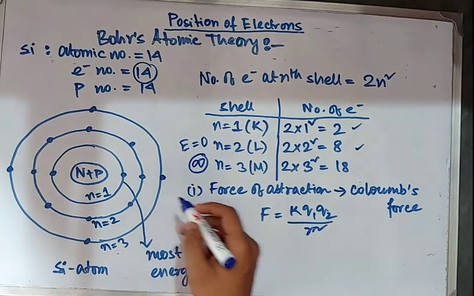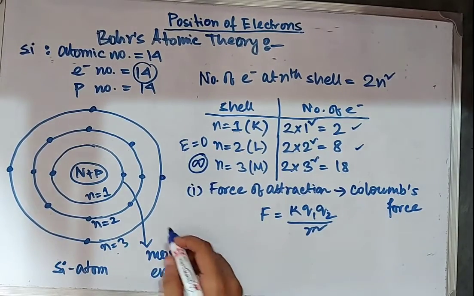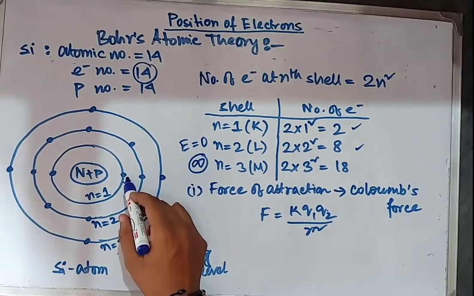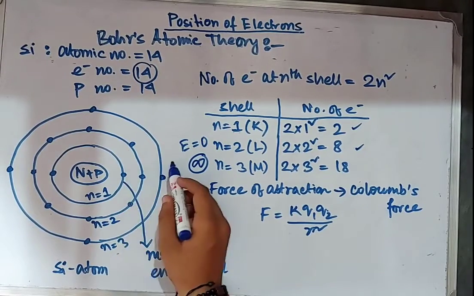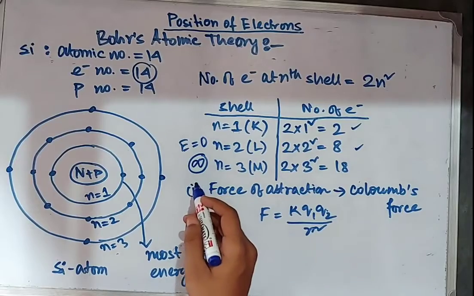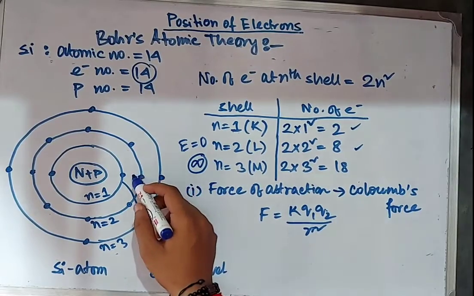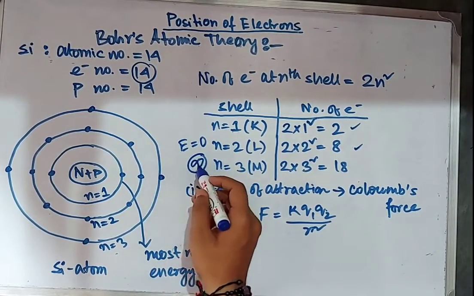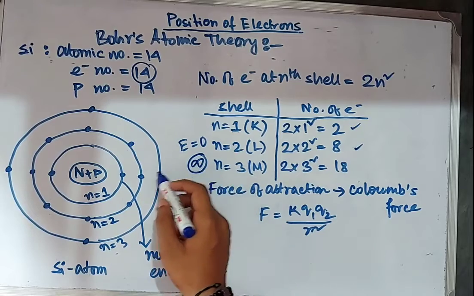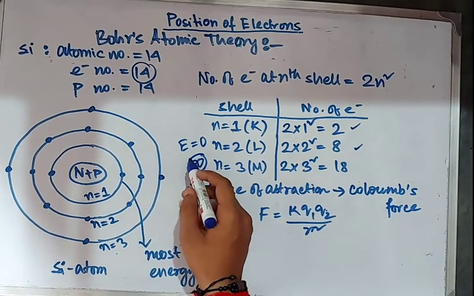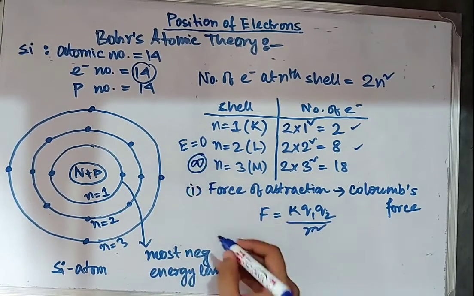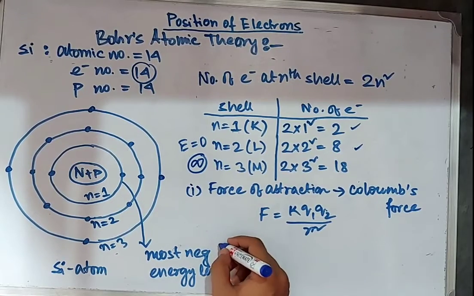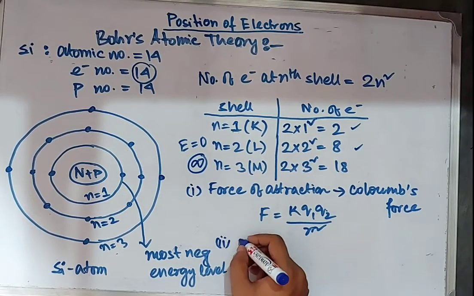The first shell is the most negative energy shell, and as we move outward, this negative value gets lesser and lesser, and at last at infinity distance from the nucleus we get energy equal to 0.